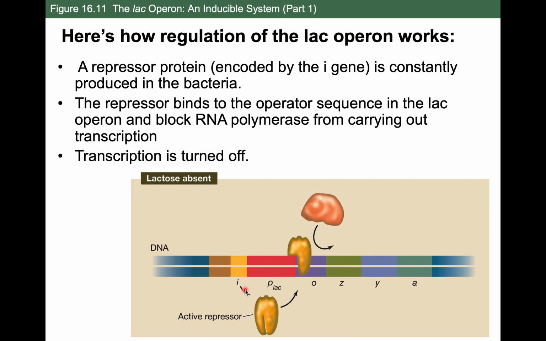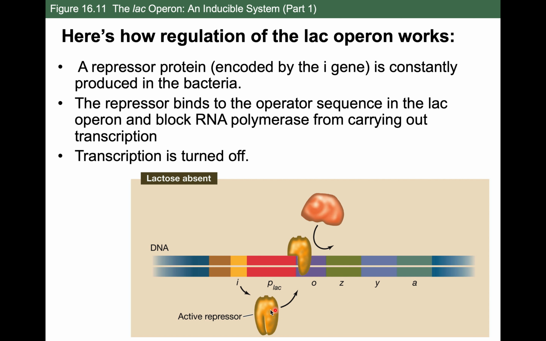Well, what's happening is, if you remember the gene that was right next door to the lac operon that I mentioned, the yellow gene here with its own promoter, this one is constantly being transcribed and translated, and it produces this repressor protein.